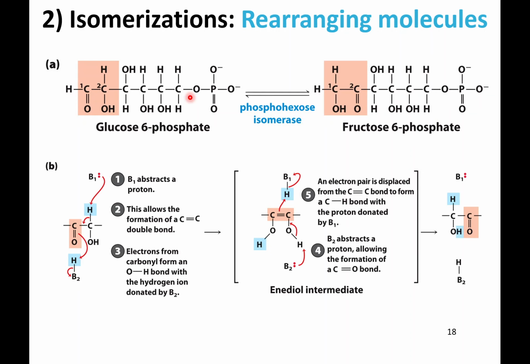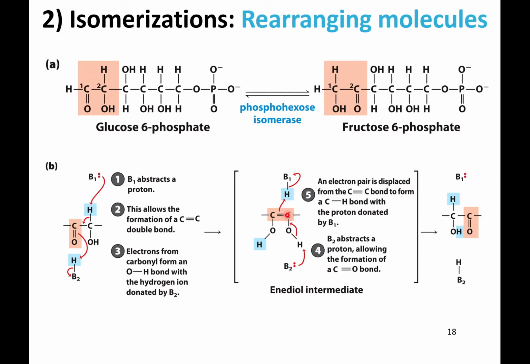The mechanism for how this occurs is shown here. We'll probably get more into this in chapter 14, so it's not as important to know right now. But a particular amino acid side chain in this enzyme, phosphohexose isomerase, is going to abstract a proton, and then you get the electron movement, and you form what's known as an ene-diol intermediate.